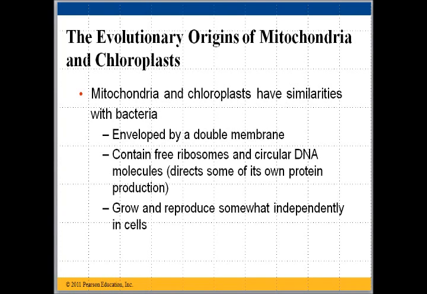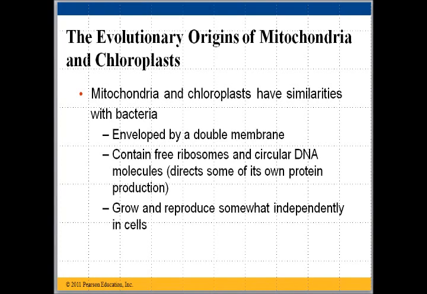The mitochondria and the chloroplast have their own double membrane, which is unique or interesting. They have their own ribosomes. They even have some of their own DNA. And that DNA within the mitochondria and chloroplast directs some protein production. So you have an organelle that's very much like its own living creature.